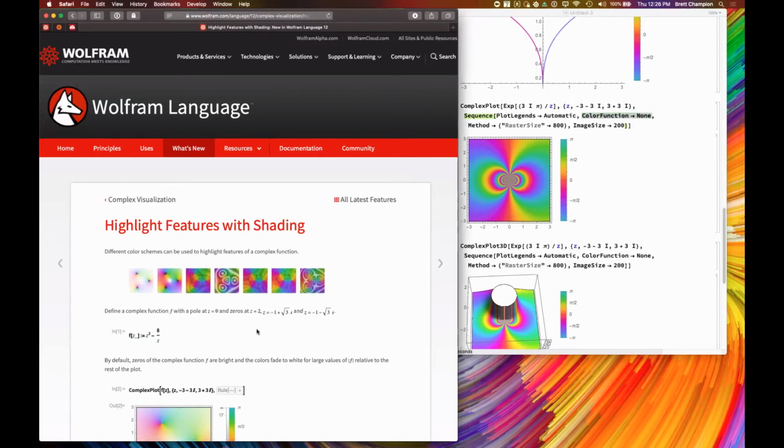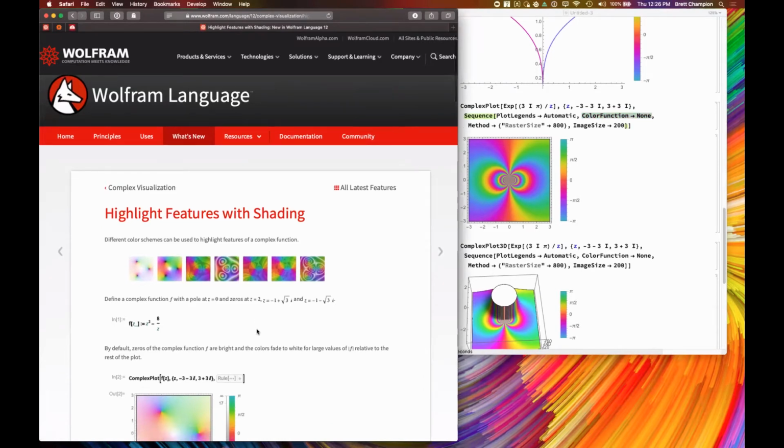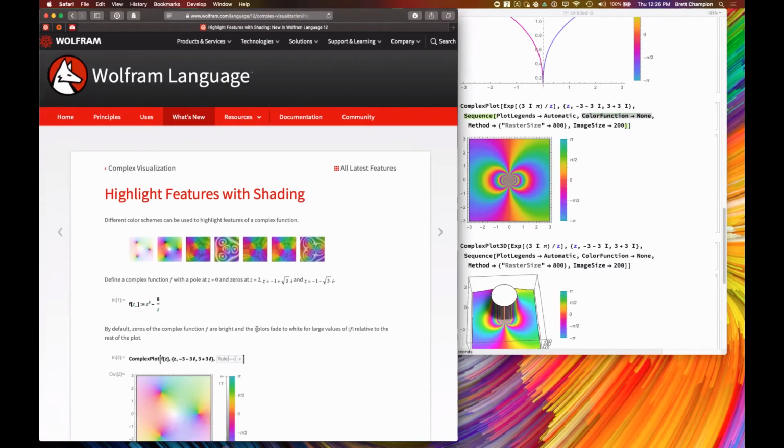And so I'm going to look at a few of the shading specifications that we have using this function z squared minus 8 over z. This has one pole at z equals 0 and 3 zeros distributed around the origin.